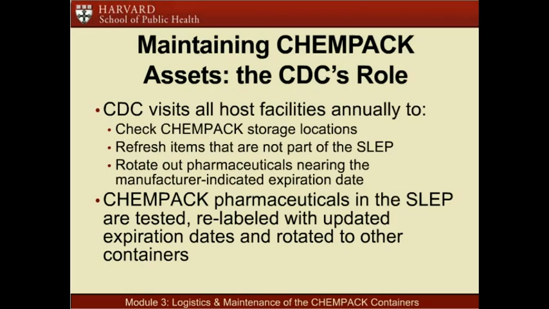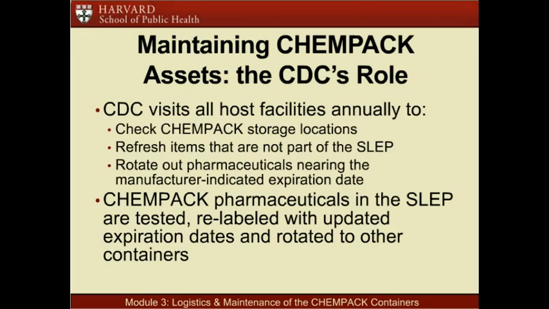Therefore, during their annual visits, the CDC removes and replaces pharmaceuticals in the container which are nearing their printed expiration dates. These pharmaceuticals are then returned to CDC, tested for viability, and relabeled with the extended expiration date. This relabeling is important so that hospital and field responders can be assured that the antidotes are effective.